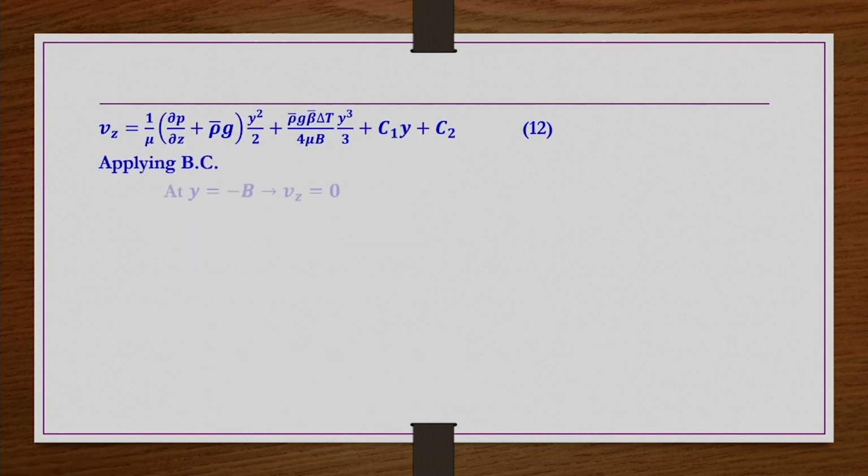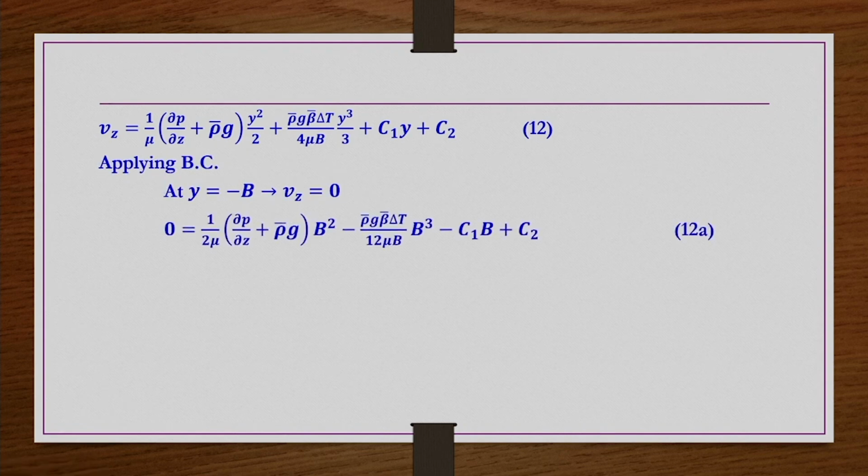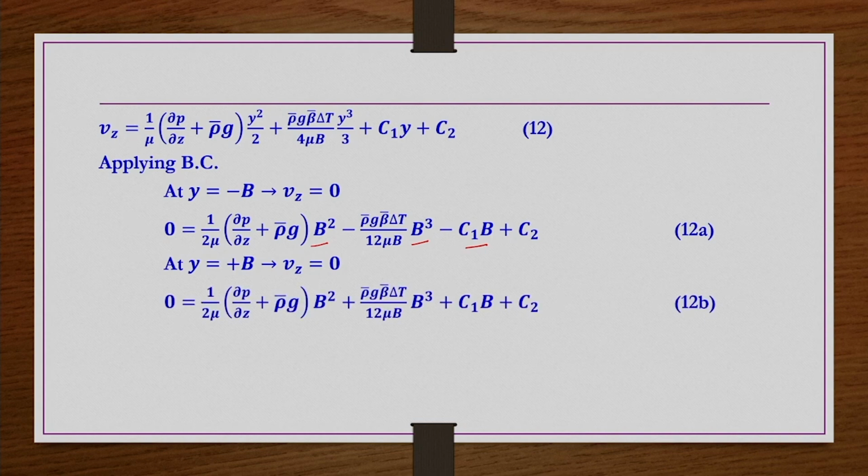Now applying the boundary condition, at y equal to minus b, Vz is equal to 0. Wherever y is there, we write minus b, so b square here, minus b cube here, and minus b here. Another boundary condition, at y equal to plus b, Vz is also 0. In equation number 12, wherever y is there, we substitute plus b.